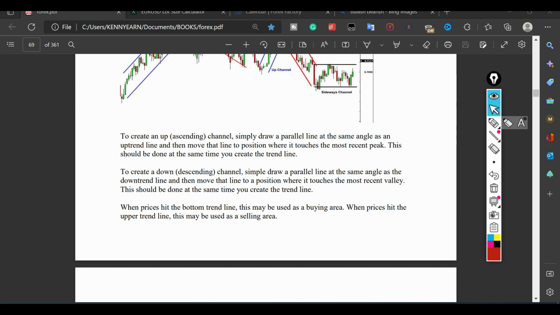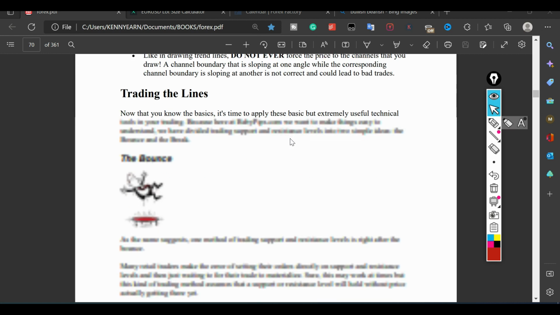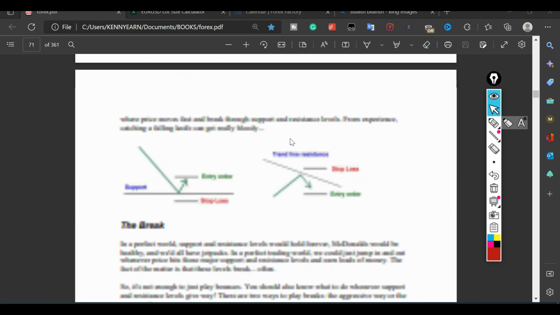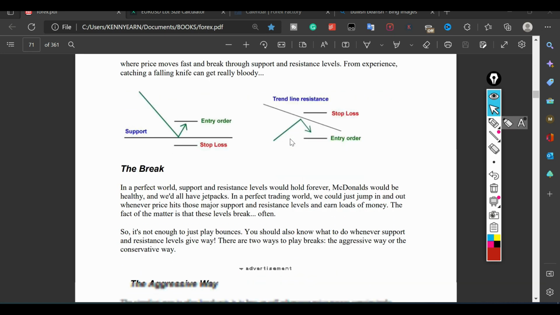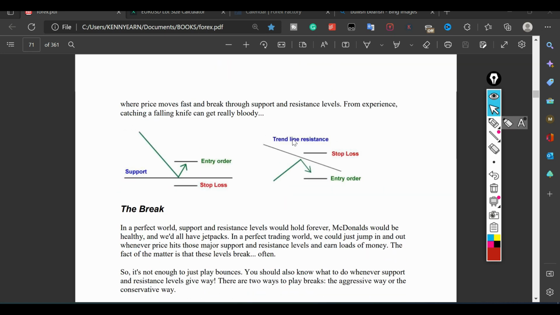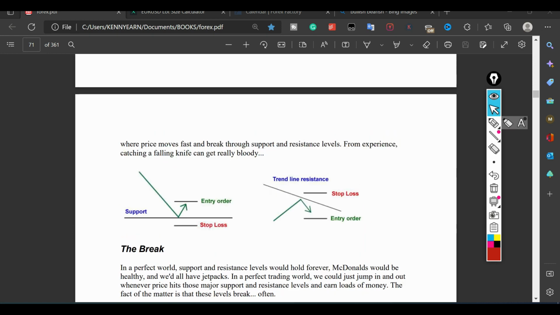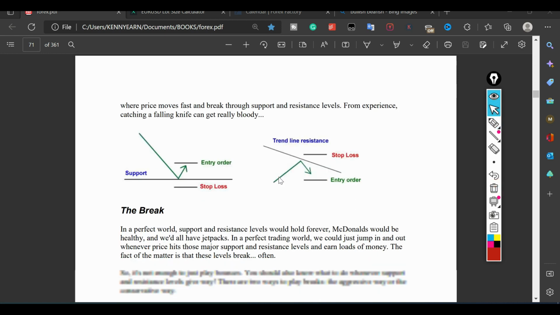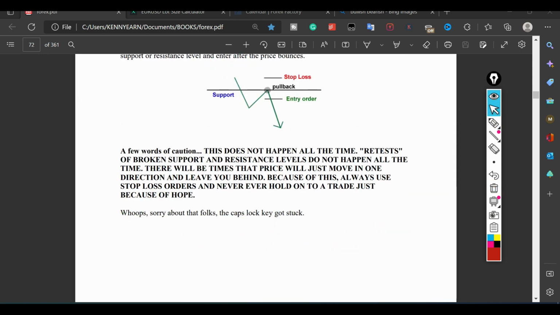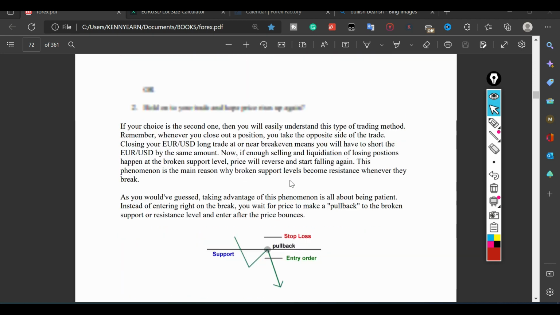When using support and resistance too, if a support is broken, it turns resistance, and then if resistance is broken, it could turn support. For example, here you can see the market took support, bounces up. The market hit resistance and is bouncing down. Here they were just telling you how to use them in your trading.